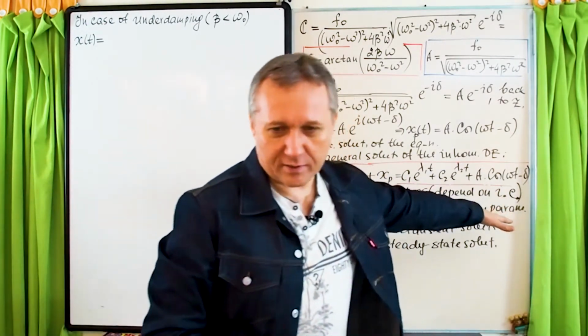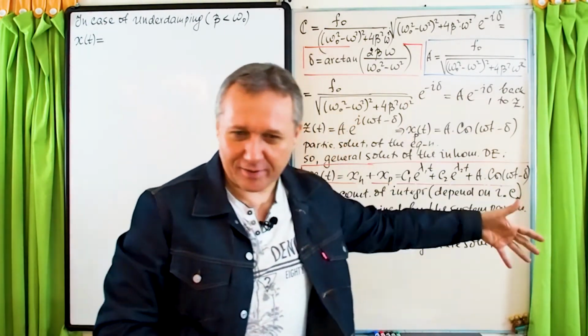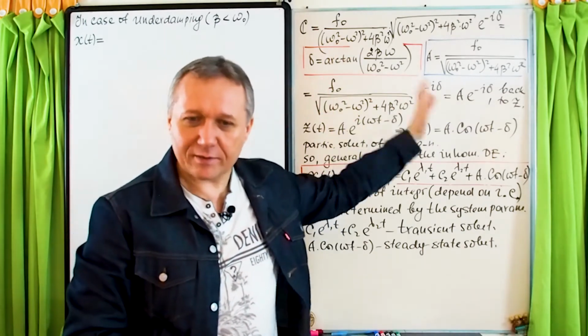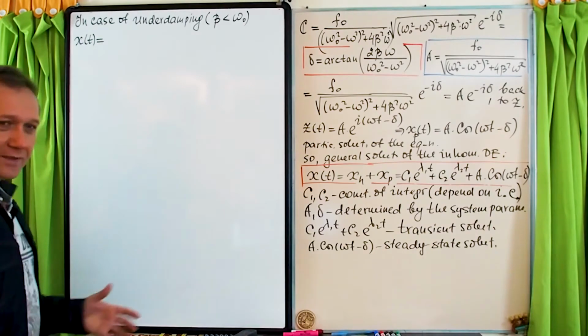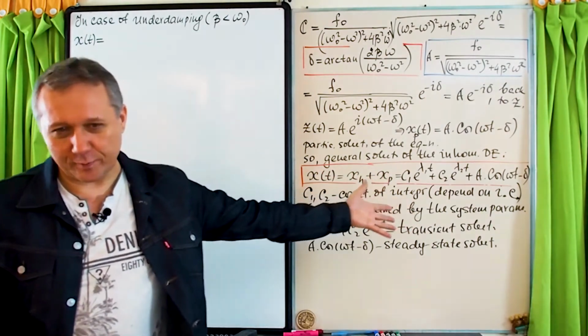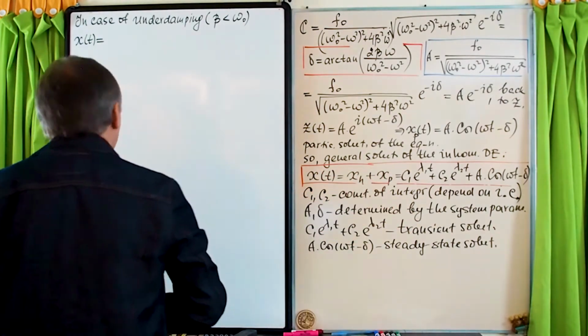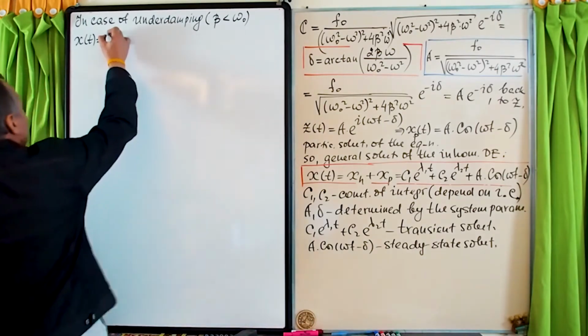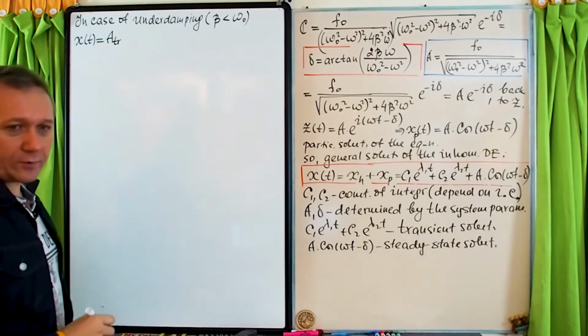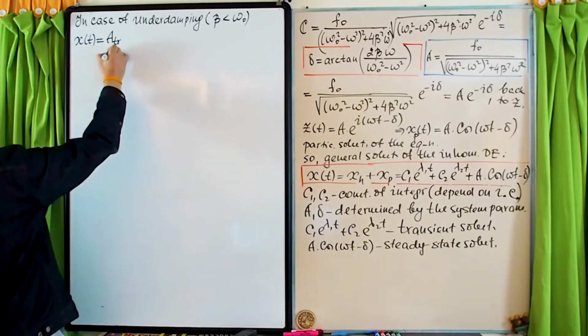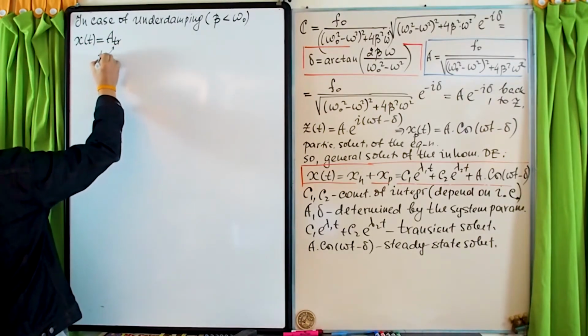The steady state solution doesn't care. Underdamping, critical damping, or overdamping, it just lives its own life, happy life actually, forcing the system to oscillate with its own frequency. So A, tr, again, tr stands for transient.